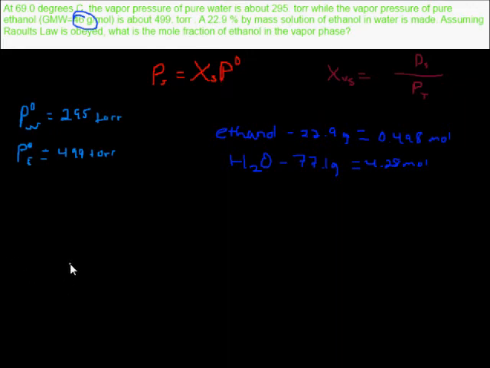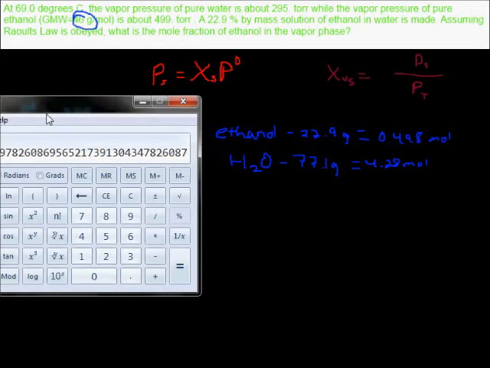Let's do water first. So P of water is equal to the mole fraction. Well, what is the mole fraction? Water is 4.28 moles. But what is the total?